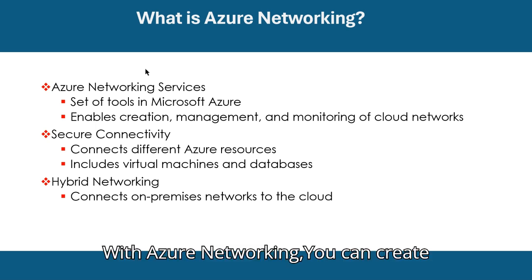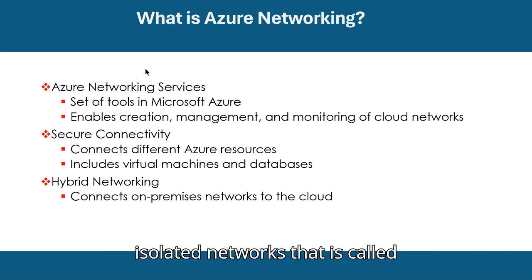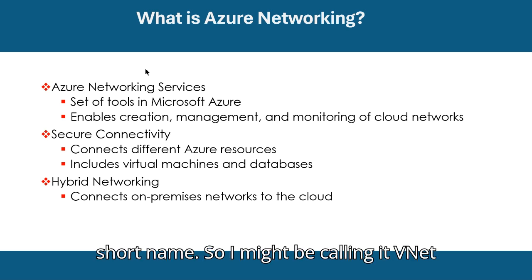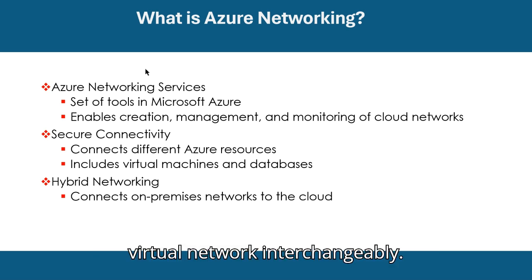With Azure Networking, you can create isolated networks that are called virtual networks. So whatever network you create in Azure is called a virtual network. You can also call it VNet. That's a short name, so I might be calling it VNet and virtual network interchangeably.